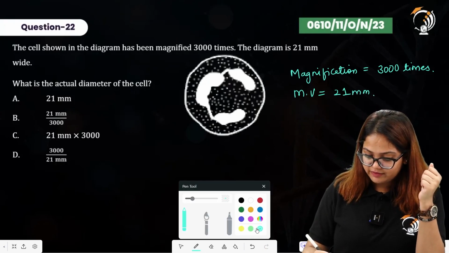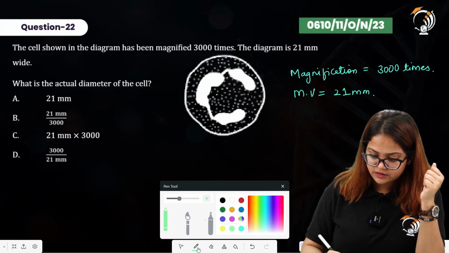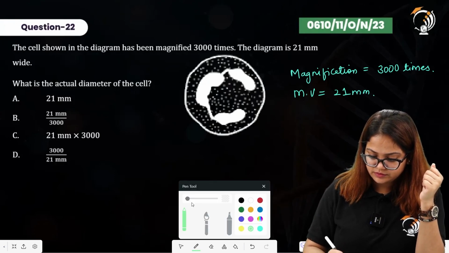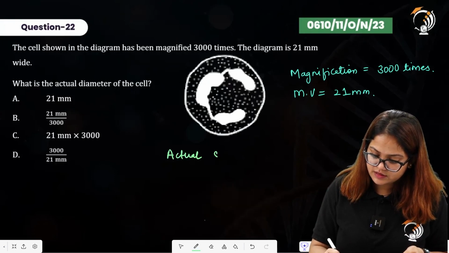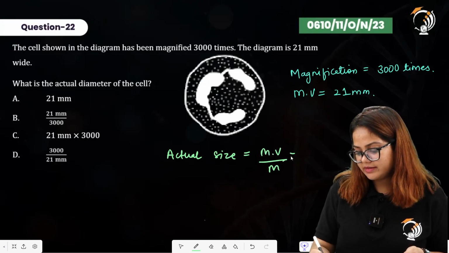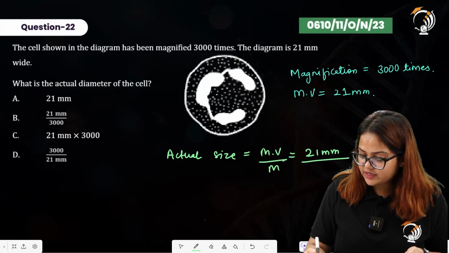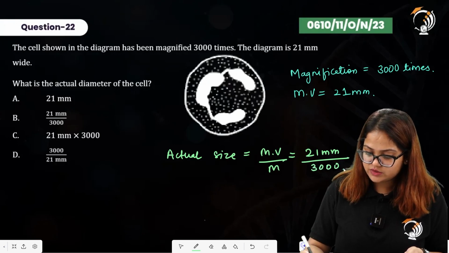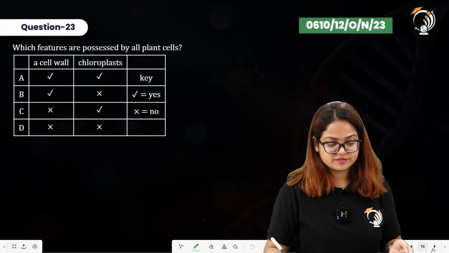So we will have to calculate the actual size. This is the actual size, and the formula for that comes out to be magnified value by magnification, that is 21 millimeter divided by 3000. Option B is the right answer.